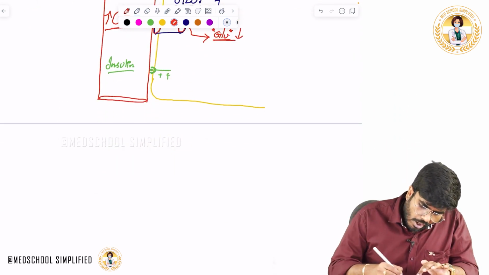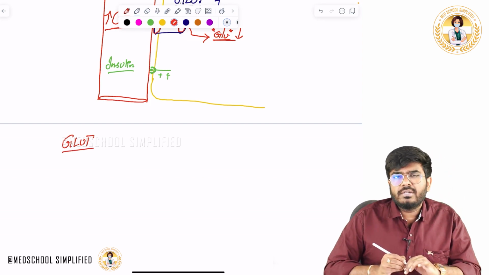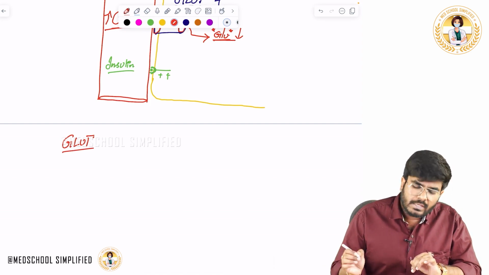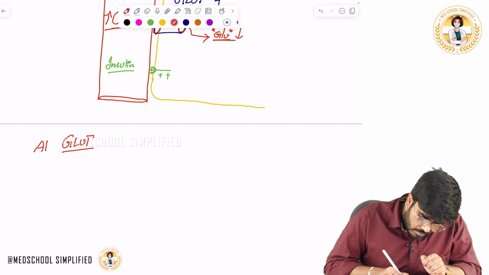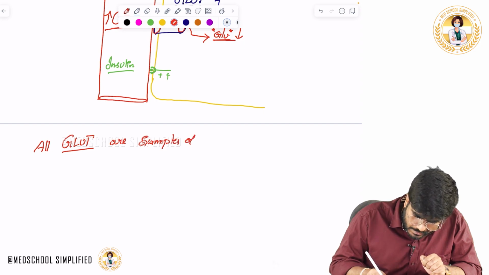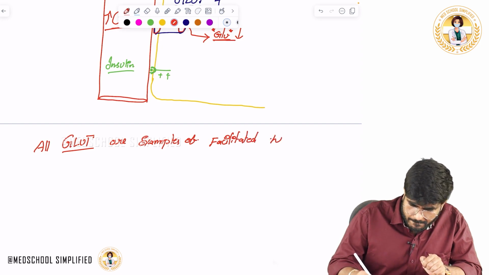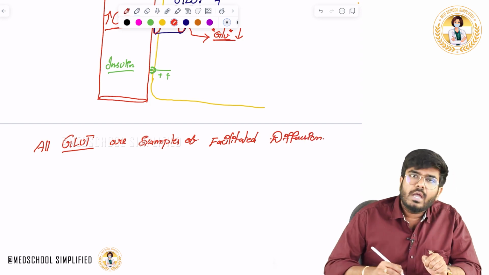Okay, so all your glucose transporters, 1, 2, 3, 4, 5, 6, 7, all glucose transporters are examples of facilitated diffusion. How to remember?